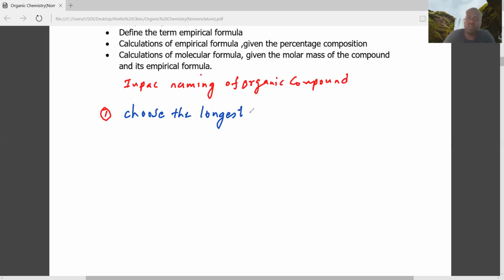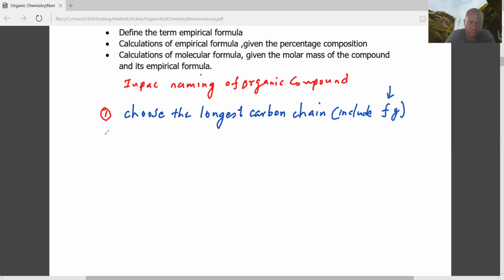You have to choose the longest carbon chain, and this longest carbon chain usually must include the functional group. So it means the functional group should be part of that longest chain.